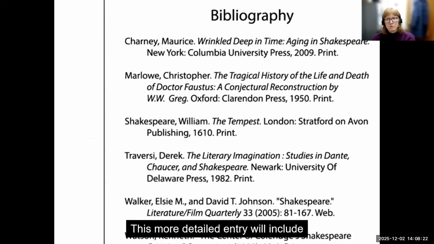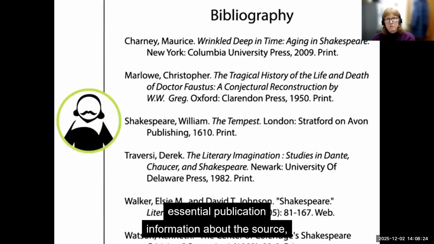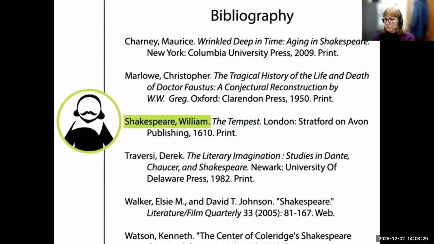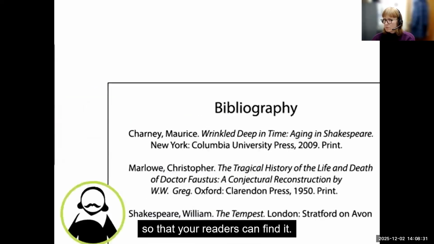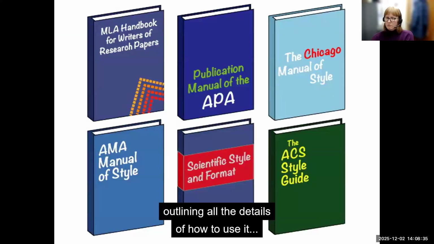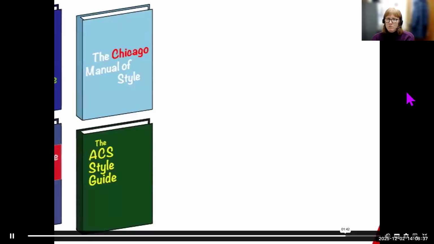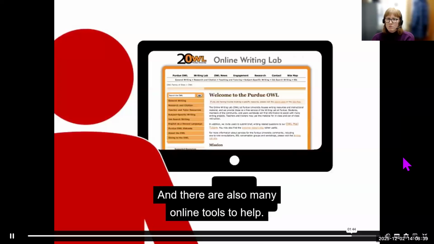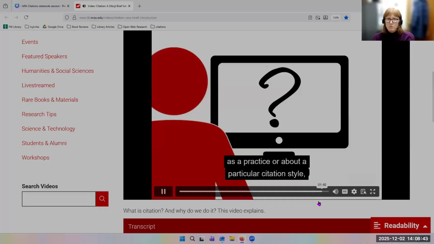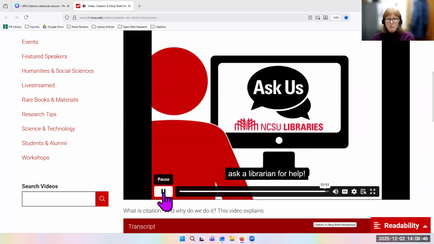This more detailed entry will include essential publication information about the source, including the title of the work, the author, and the date of publication, so that your readers can find it. Each citation style has a published guide outlining all the details of how to use it, and there are also many online tools to help. If you have any questions about citation as a practice or about a particular citation style, ask a librarian for help.